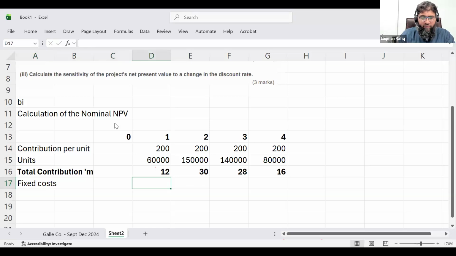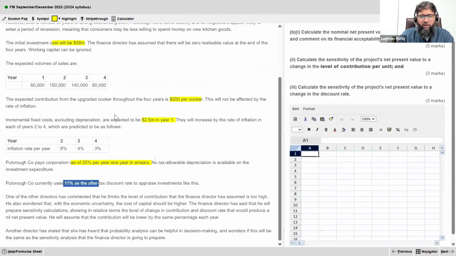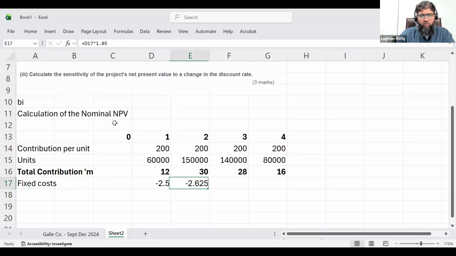The fixed costs are going to be 2.5 million. Fixed costs are going to be this into 1.06, this into 1.04, this into 1.03.